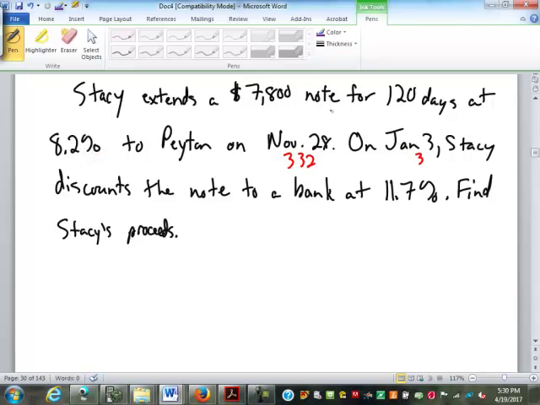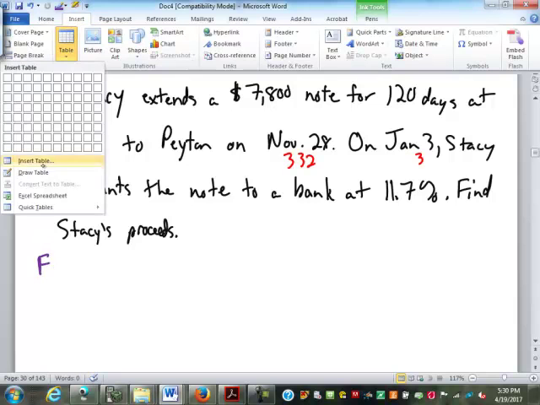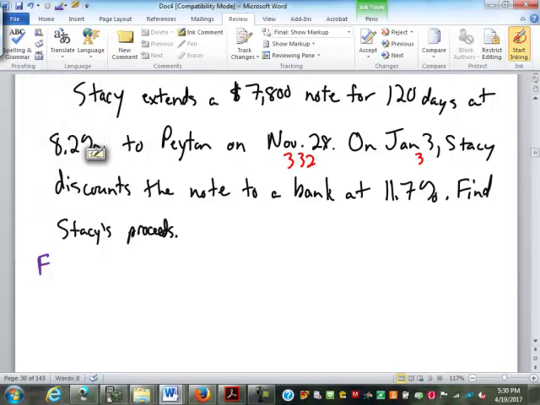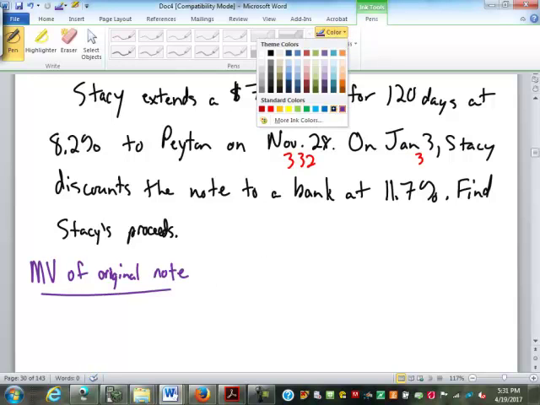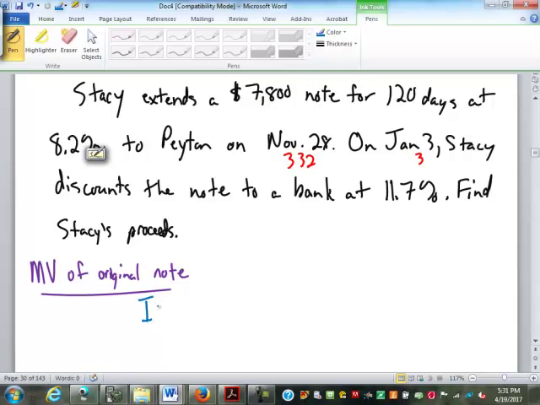Remember, our first step then is to find the maturity value of the original note. So our interest is first, it's going to be what?